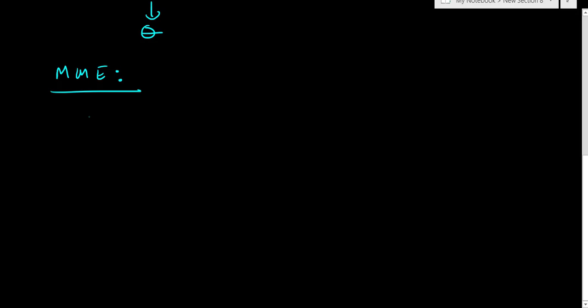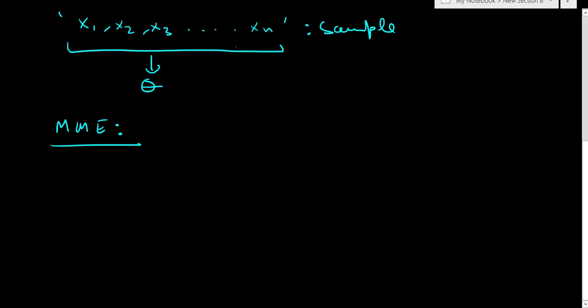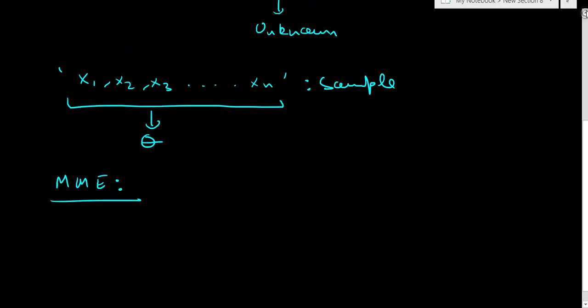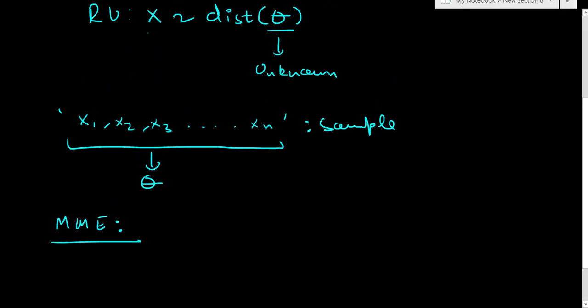The method of moments estimate suggests that we calculate the sample moments out of the sample, and then equate them to the moments calculated from the random variable, and that is how we find the value of theta.